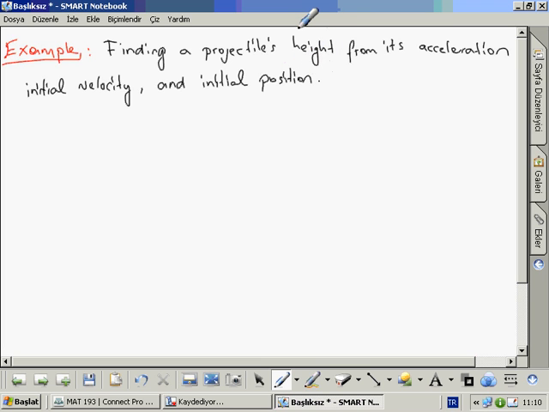And y of 0 equals 3 meters, and ∂y over ∂t at time 0 is equal to 160 meters per second.